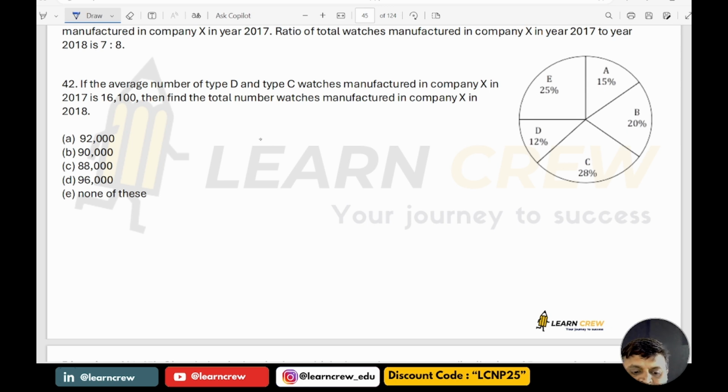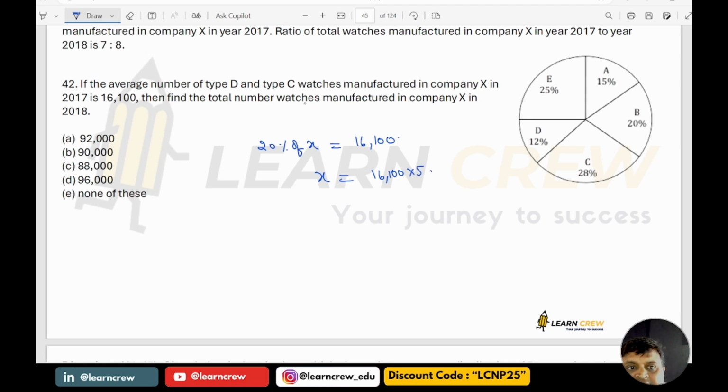The average of 40% is 20%. 20% of X is given as 16,100. So the total number would be 16,100 into 5.